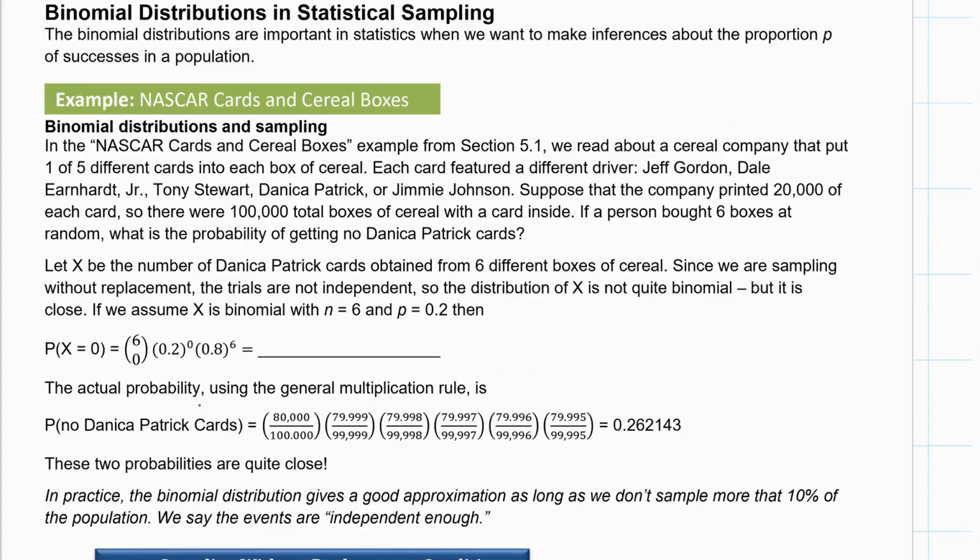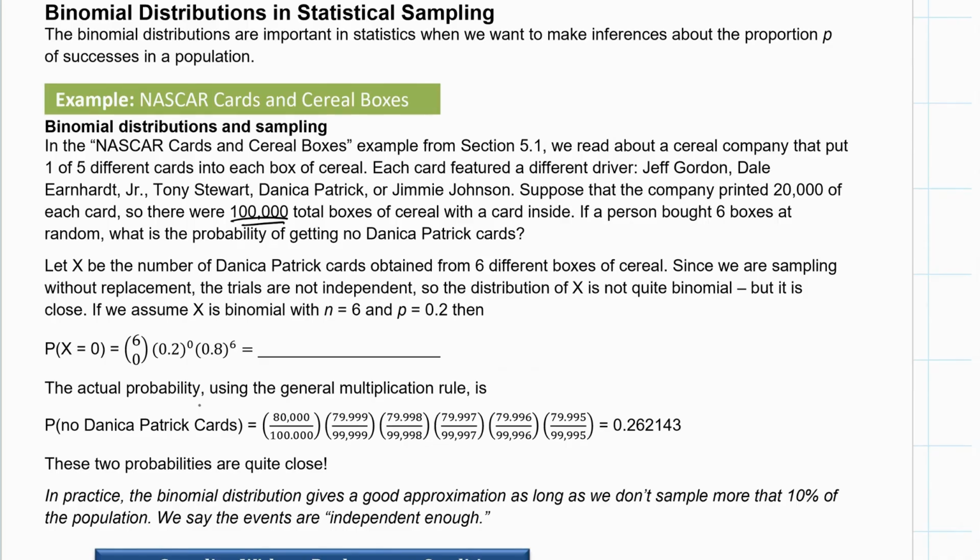I want you to imagine that we're back in the cereal box problem, and there's 100,000 boxes. Each of them has a card, 20,000 cards of each of the NASCAR drivers, and so on and so forth. And so we might say that we'd like to do this problem as binomial, but it's officially not.